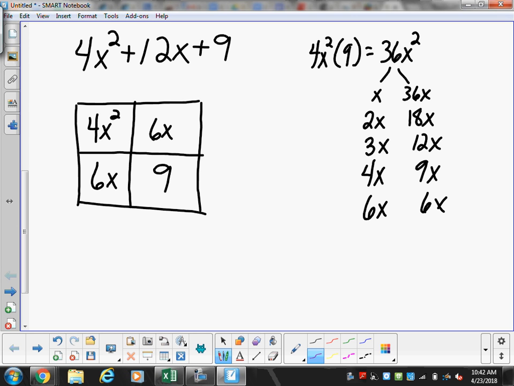So hopefully you'll notice these factors are going to be very similar. The common factor between 6x and 9 is a 3. The common factor between the 4x squared and the 6x, the 2x.